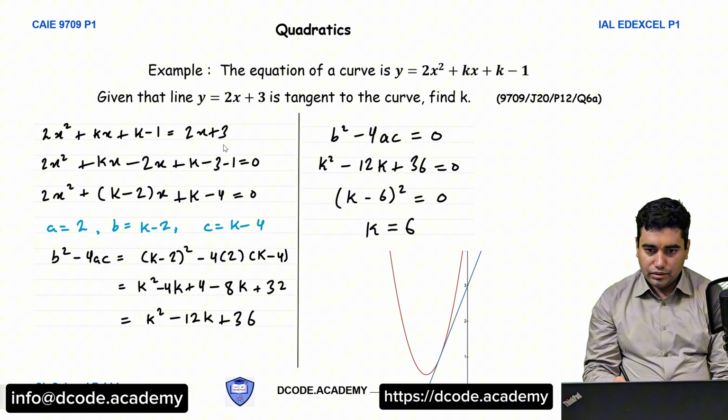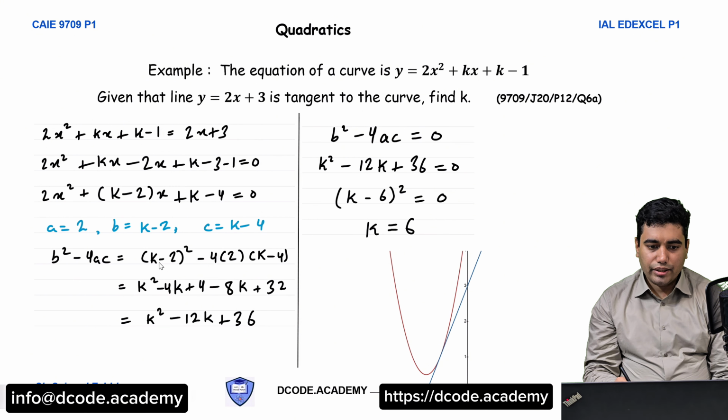So here we have done the process. First, we equate the quadratic equation to the line, move the terms to the left side, and combine the coefficient of x. We took x common from kx and minus 2x, so that we have the a, b, c terms from the quadratic equation. Here you can see a is 2, b is k minus 2, and c is k minus 4.